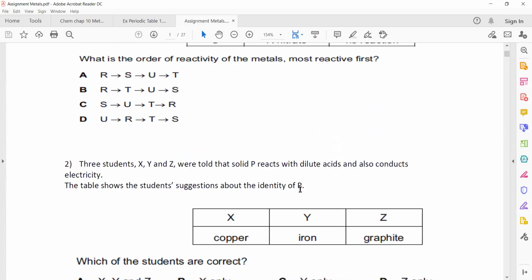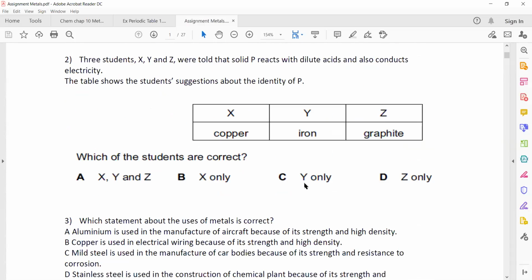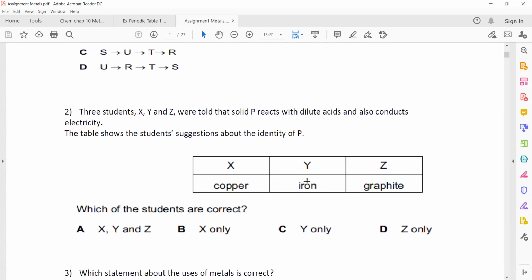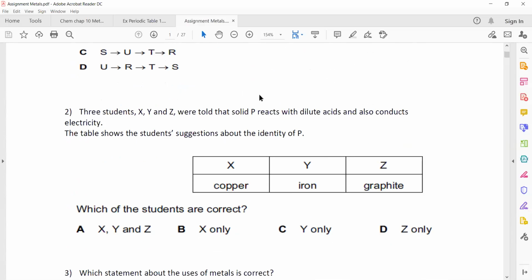Now some questions. Three students X, Y, and Z were told that solid P reacts with dilute acid and also conducts electricity. The table shows each student's suggestion about the identity of P. Which of the students are correct?